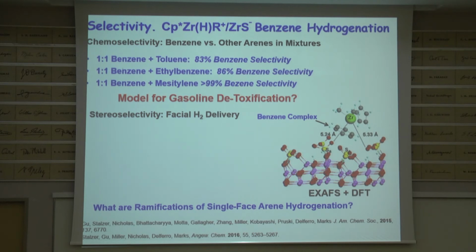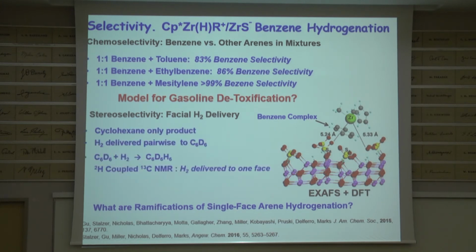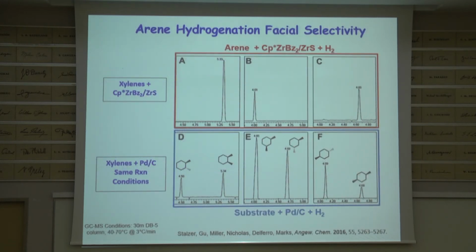The other thing I mentioned very briefly, but with a little more detail: if you use, for example, deuterobenzene, you can see from the NMR that the H2 is delivered in pairs all to the same face of the benzene ring. You say, well, that's interesting, but is it some kind of a fluke? So Mady started looking at other arenes.